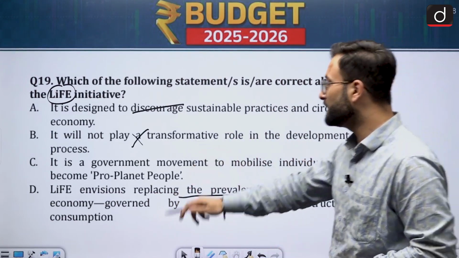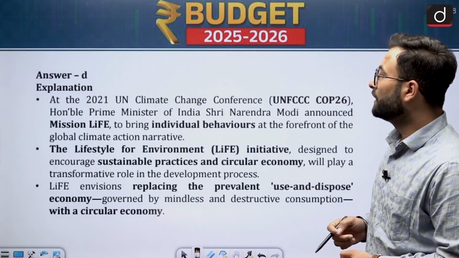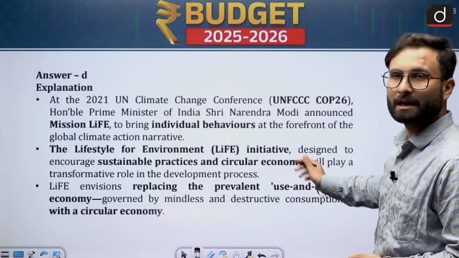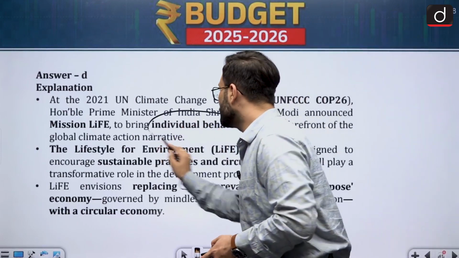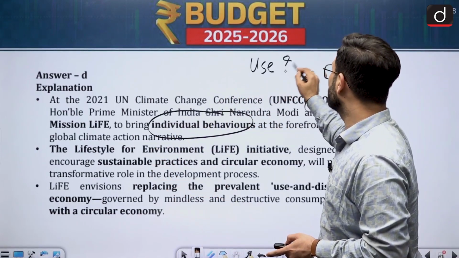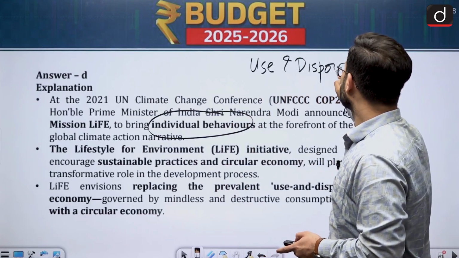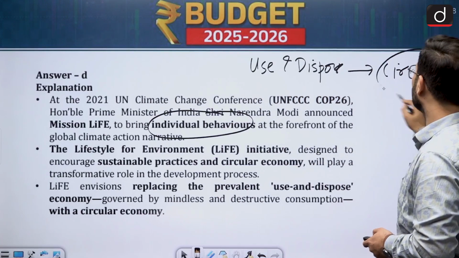Option D is your right answer over here. You can go through the LIFE mission. The LIFE mission targets individual behavior so that from use and dispose we can move towards a circular economy. Circular economy means that we can go for recycling.